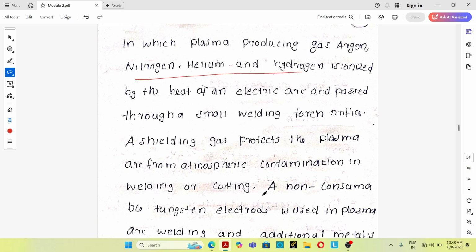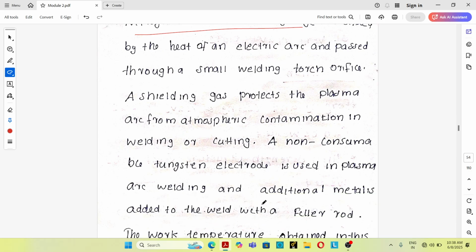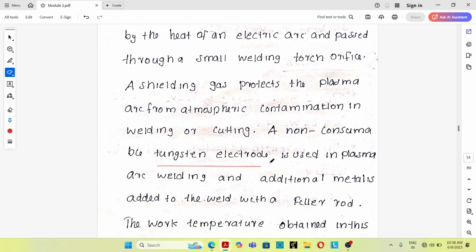A non-consumable tungsten electrode is used in plasma arc welding, and additional metal is added to the weld with a filler rod. Tungsten electrode is commonly used in order to create the arc plasma.